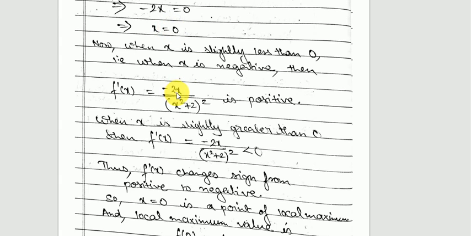Then what will happen? The denominator part will remain positive, but the numerator part, minus 2 into something less than 0, will be positive. So positive upon positive, this whole thing will become positive. That means the derivative at a point little less than 0 is positive.